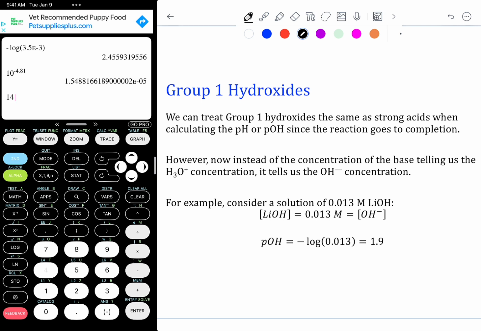We can then do 14 minus 1.9 to find that the pH is equal to 12.1. So you just have to remember that if it's a strong base, we're looking at hydroxide concentration and pOH. If it's an acid, we're looking at H3O plus and pH. Just keep those in mind.